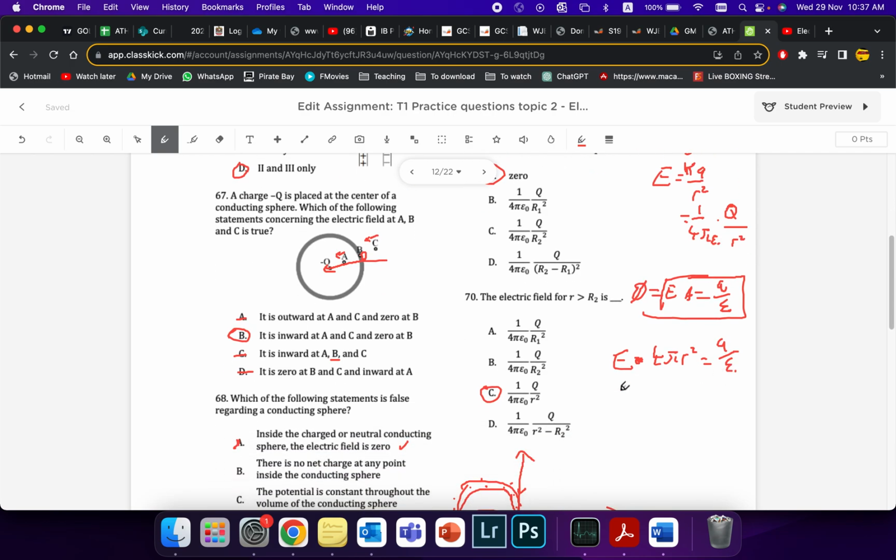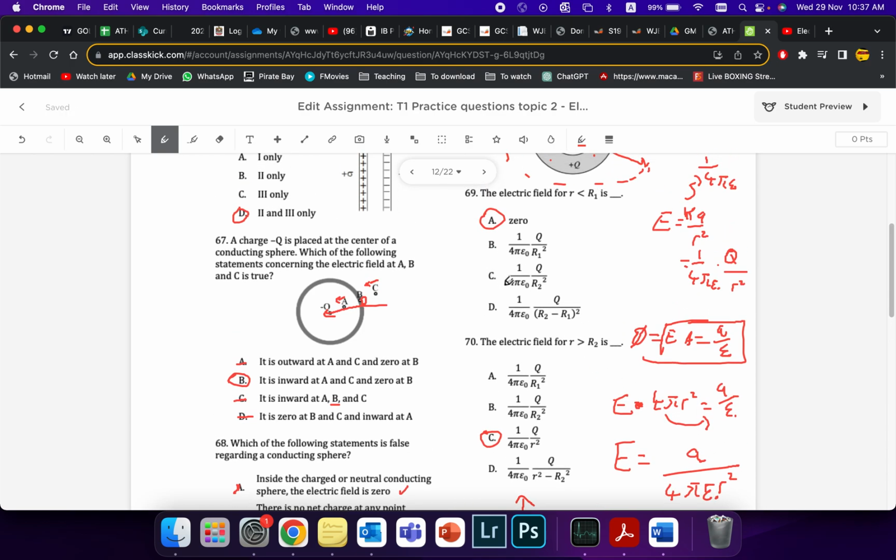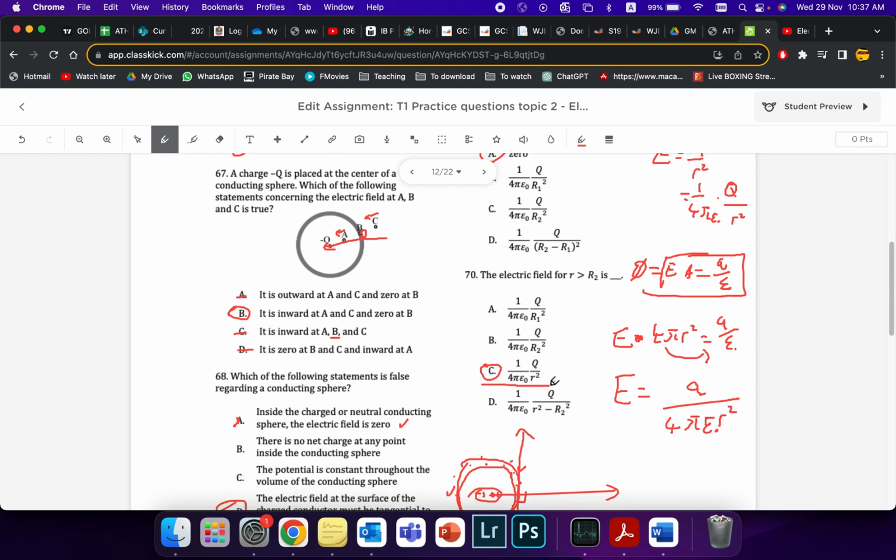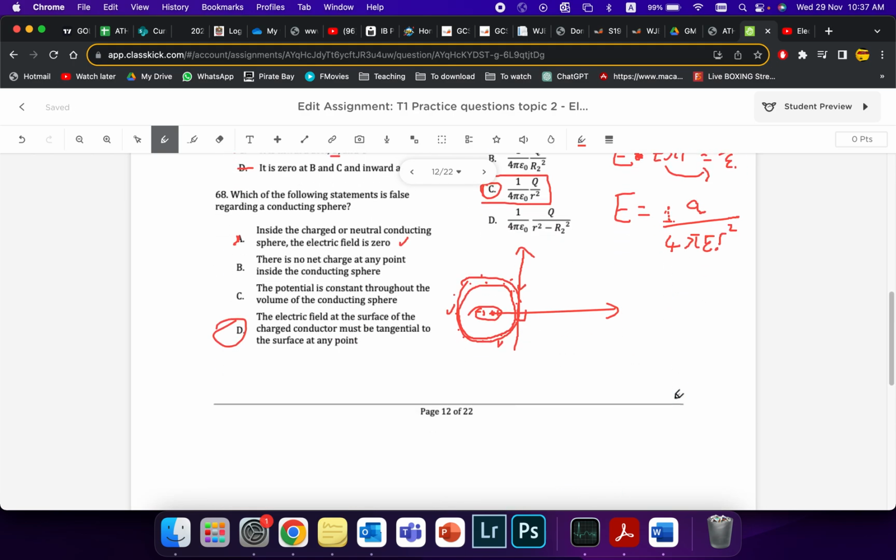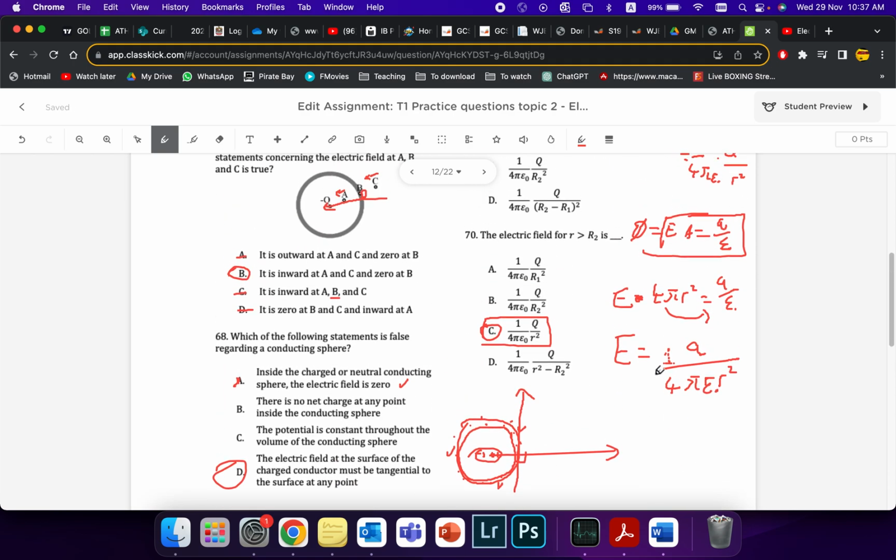Rearranging, E equals Q over 4 pi epsilon naught r squared. Shuffling it around, it'll look just like this one here. There's an imaginary one at the top. Okay, very nice. That's it. We're done. That was easy. That was a short video.